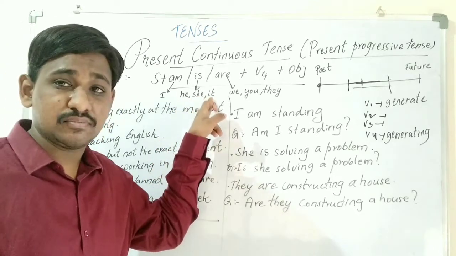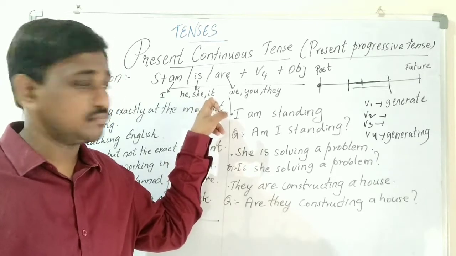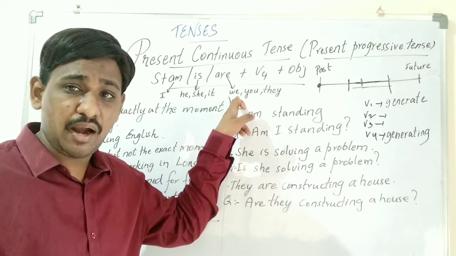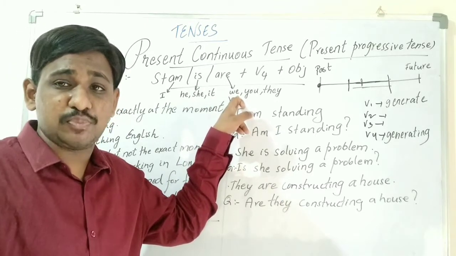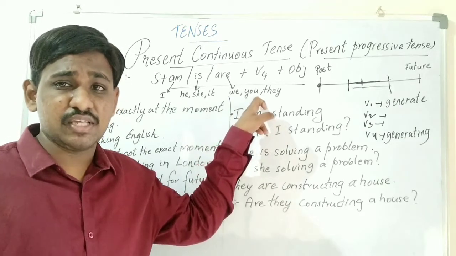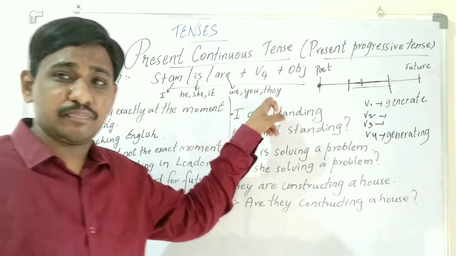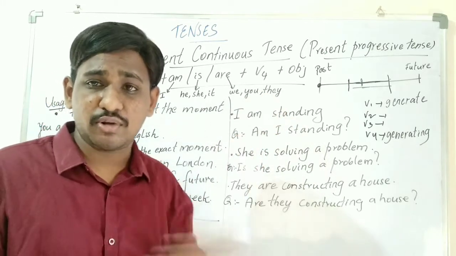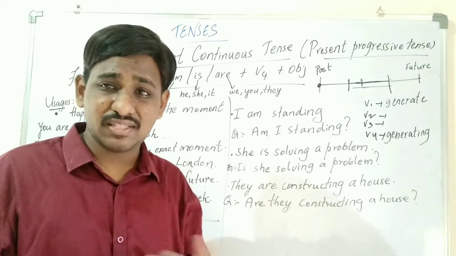It is running towards the forest. Are. We use are with these all. We are understanding what is being told. You are explaining the lesson. They are playing in the ground.